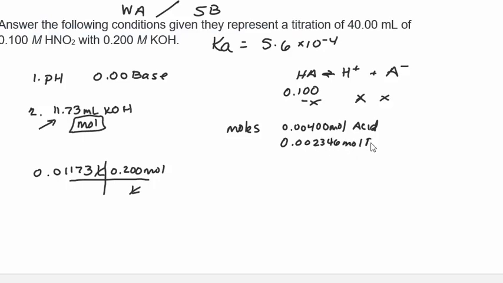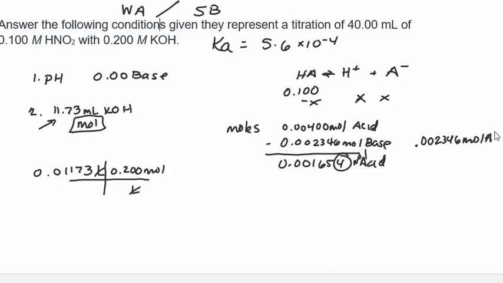Now I left all of my digits and performed this calculation, even though this digit isn't relevant to significant digits, I want to avoid as much rounding error as possible. So when I neutralize my acid with my strong base, I'm left with 0.001654 moles of acid. Now I have made 0.002346 moles of my conjugate base, because that's how much acid has been neutralized by the base in order to force it over to that conjugate base.